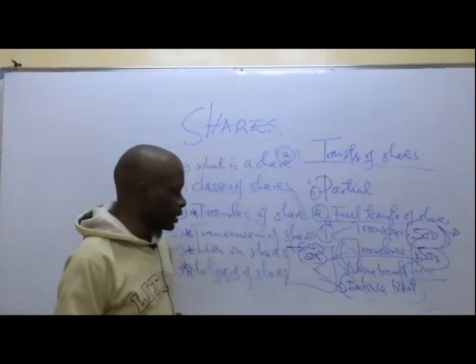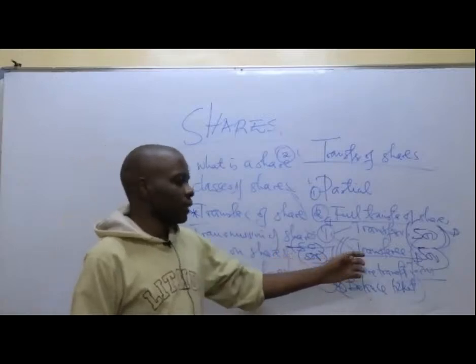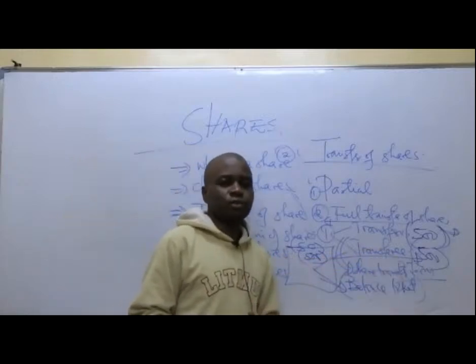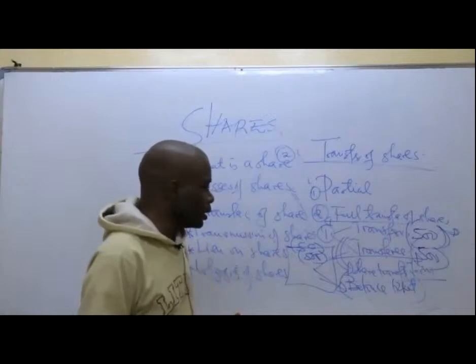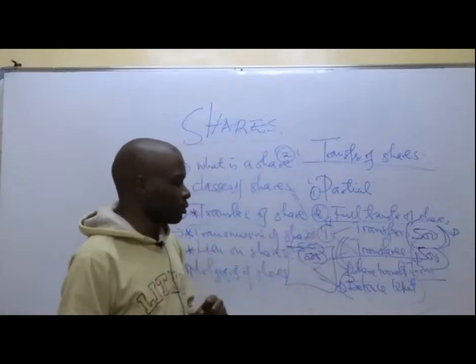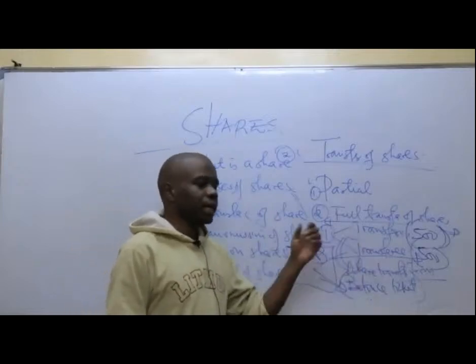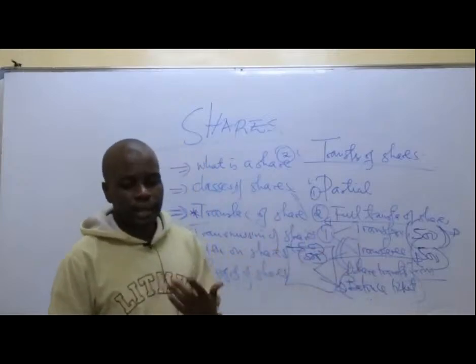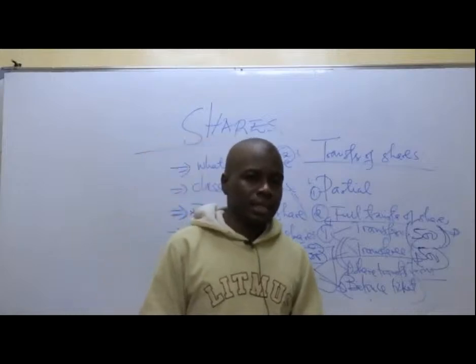So the share certificate will be given to the transferee as clear evidence to claim the shares from the company, while the balance ticket will be given to the transferor, indicating the number of shares remaining with him or her. He can use it as a claim for his or her shares in the company.